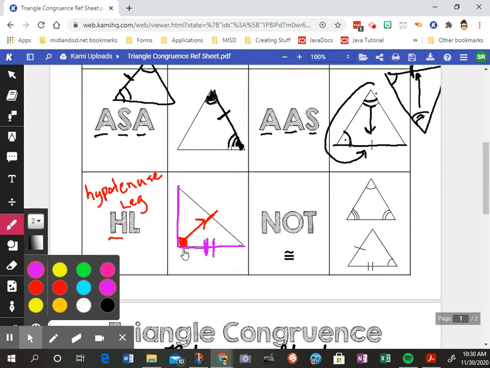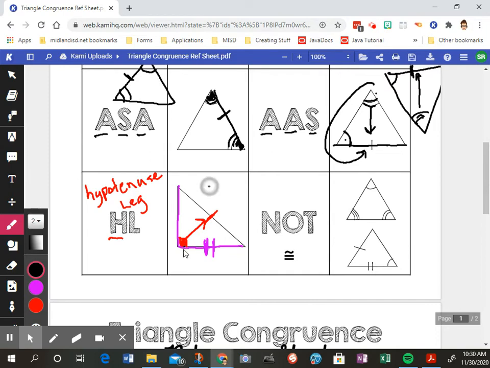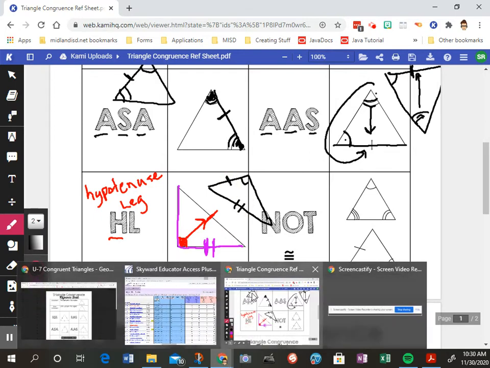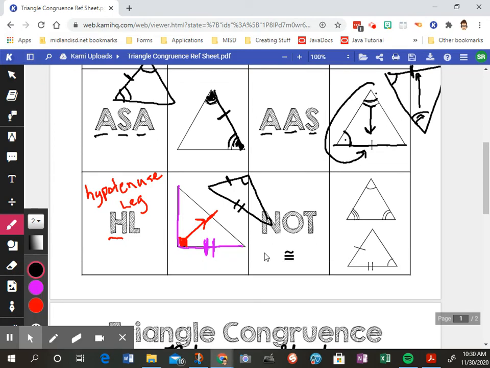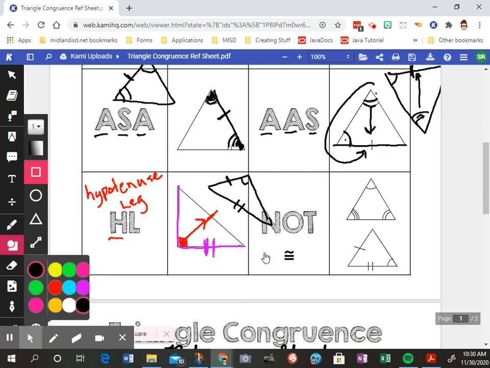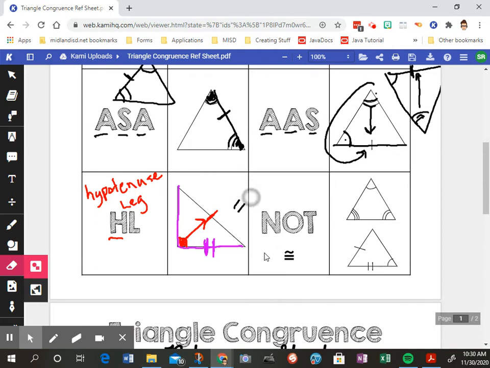So if I have another right triangle, and I said that the hypotenuse and the leg were congruent. That's a marker backwards. Let me undo. I'll just erase it and redraw it. Okay, let's redraw this. Hypotenuse, leg.